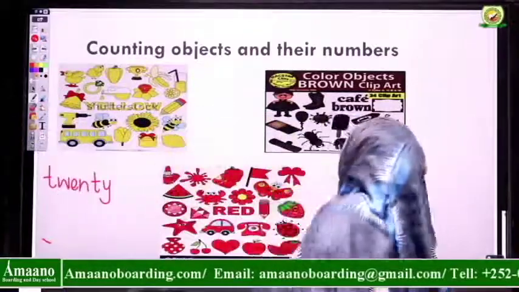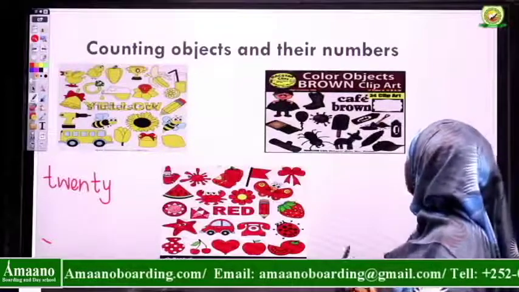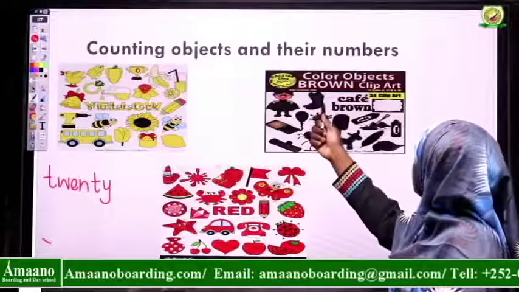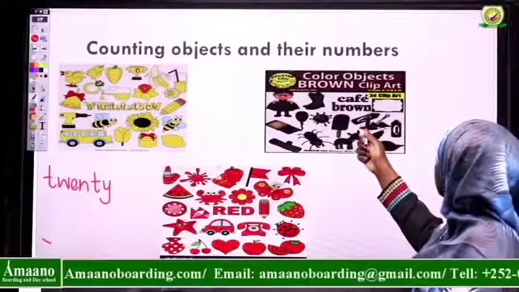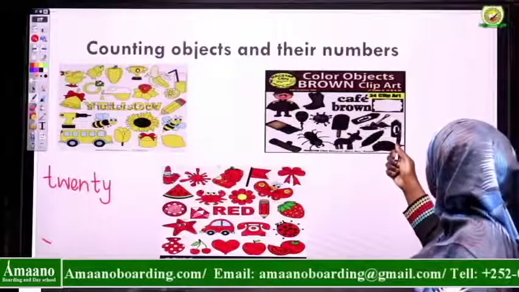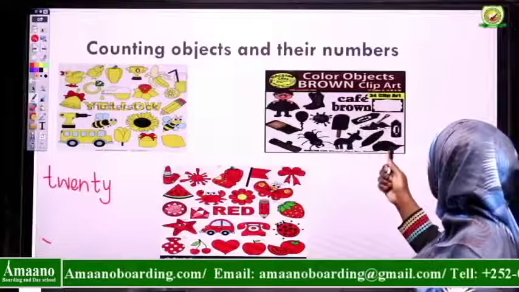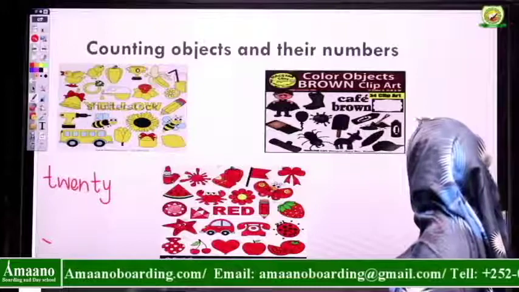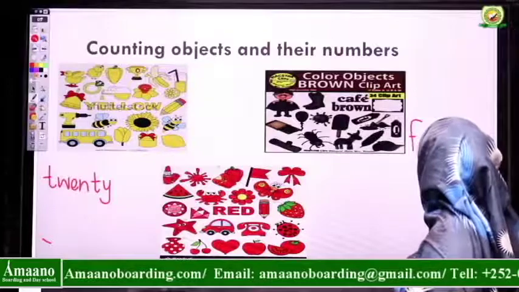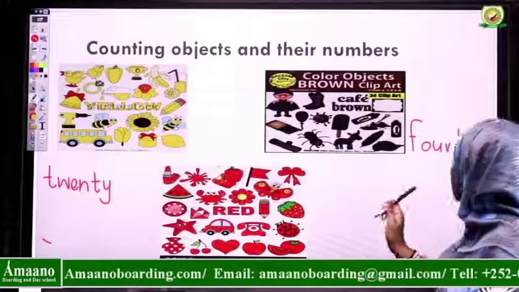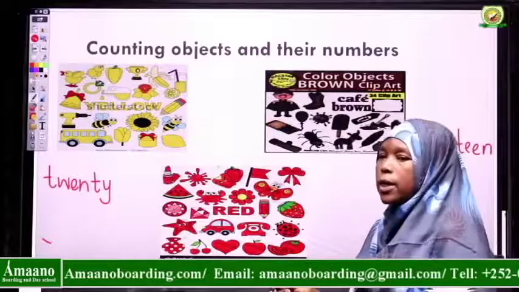Then the number pictures represented in color brown. How many are they? Let us count. 1, 2, 3, 4, 5, 6, 7, 8, 9, 10, 11, 12, 13, 14. So we have 14. Number pictures is 14. Then we have color red.